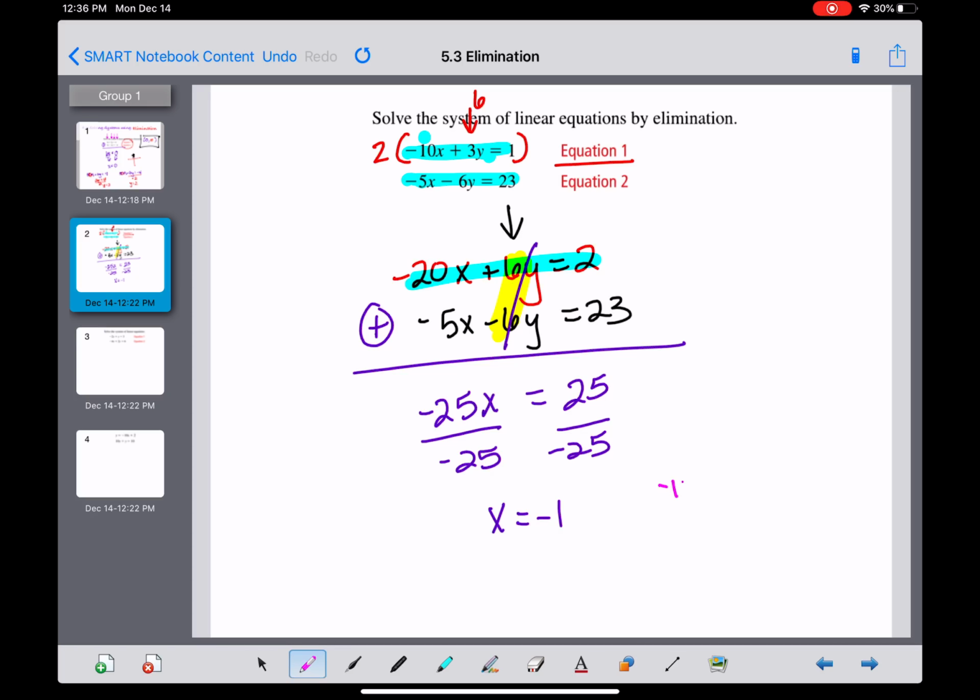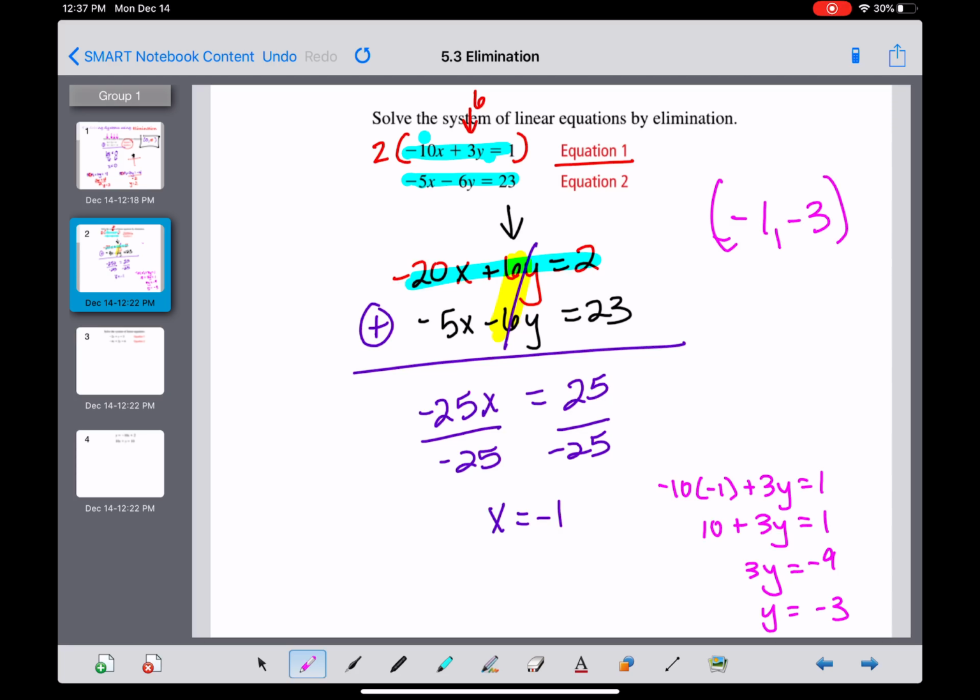So I have negative 10 times negative 1 plus 3y is equal to 1. Then I simplify. Subtract my 10 and divide by 3. So my final coordinate is negative 1, negative 3. Once again, this represents where our two linear equations cross on the graph.